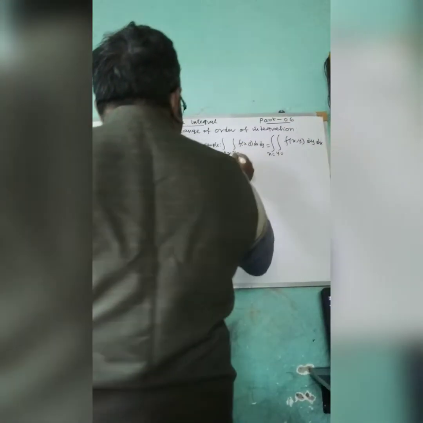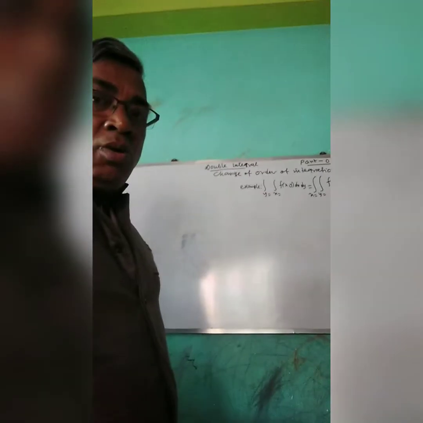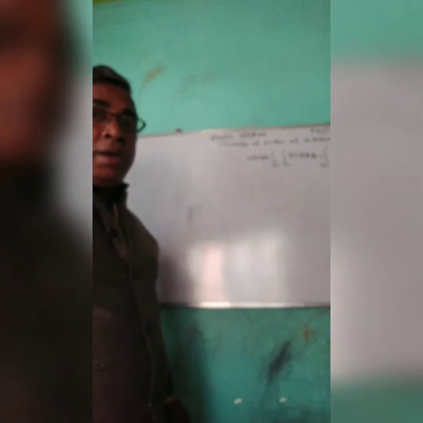If the limits of integration are constant, this is the lower limit and this is the upper limit, then you can change the order either with respect to x or with respect to y. No problem.